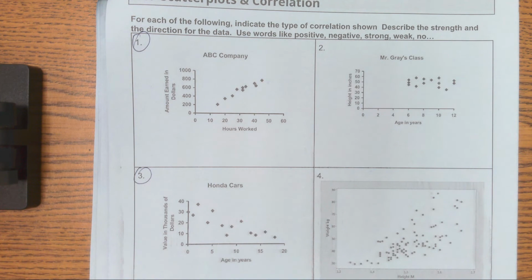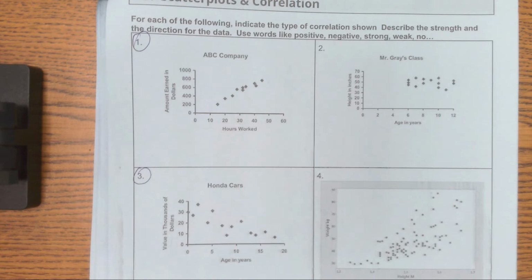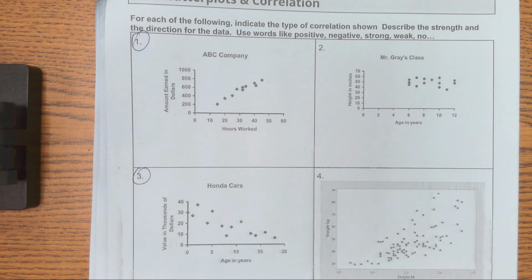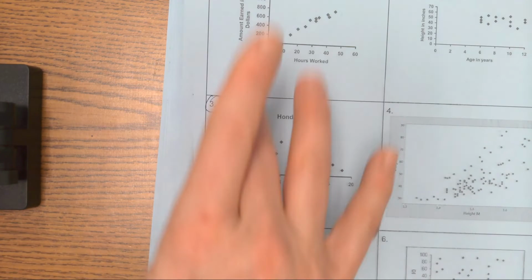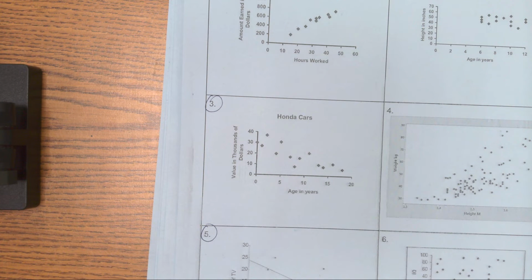And sometimes it's hard to tell the strong, weak part or the moderate, weak part, but you should at least be able to tell me positive, negative, no. Okay, 1, 2, and 3. No, sorry, 1, 3, and 5. I'm going to give you a second to do it with the person next to you. Sure, you can do it together.